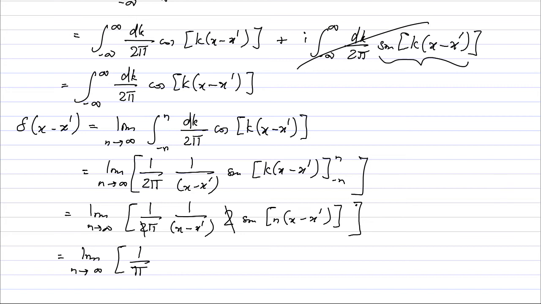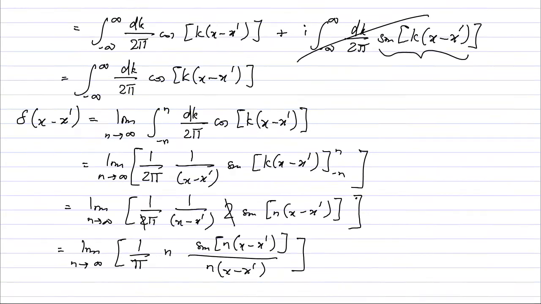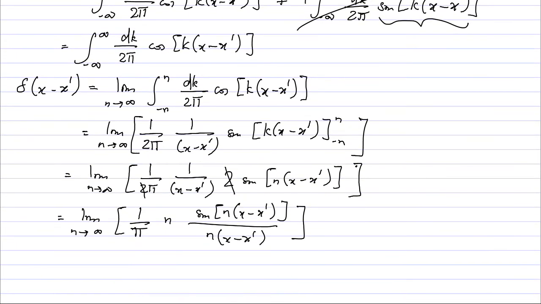So I have n, and then sine of n(x minus x prime) divided by n(x minus x prime). And so that's essentially what I have.